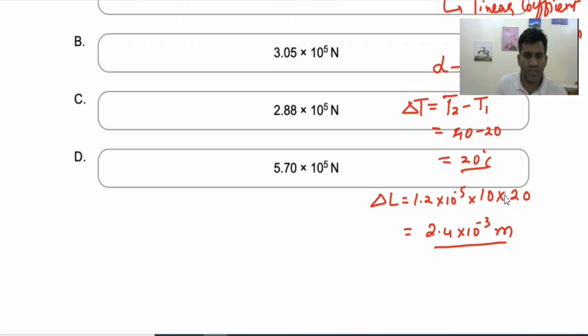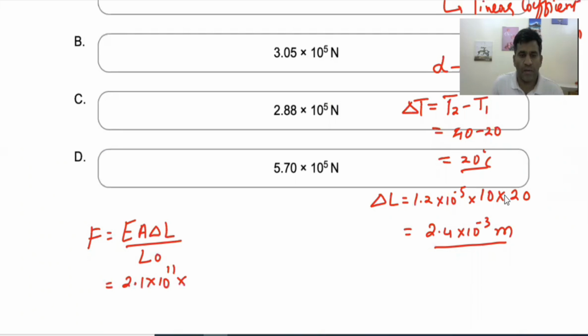So now, by making use of this, we can calculate the value of the force exerted. We know F is equal to EA delta L divided by L naught. Substitute the values. The elasticity modulus, I'll take as the extreme value, 2.1 into 10 to the power 11.